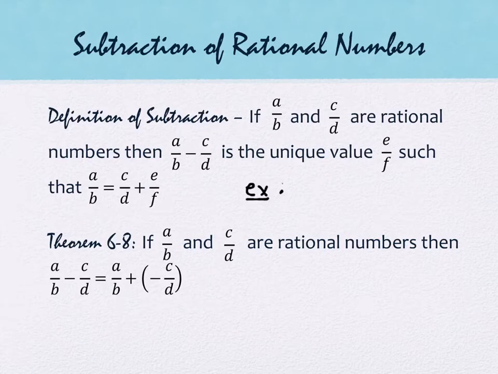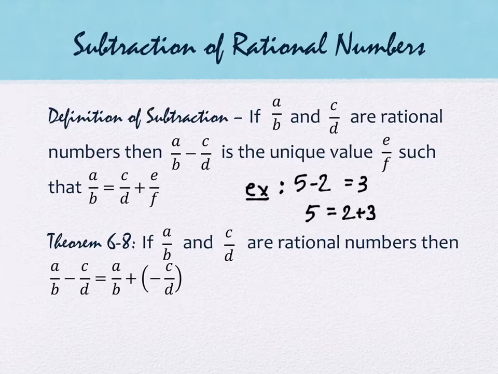The reason that 5 minus 2 is equal to 3 is because 5 is equal to 2 plus 3. That's what that definition says. The answer is 3 because 2 plus 3 would be the 5 I started with. It's the missing part.